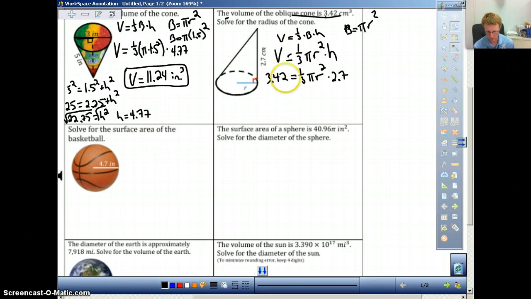Okay, so we end up with 3.42 equals 2.83 r squared. Divide by 2.83. And we get r squared equals 1.21. Again, take the square root of both sides, and we get r equals 1.10.